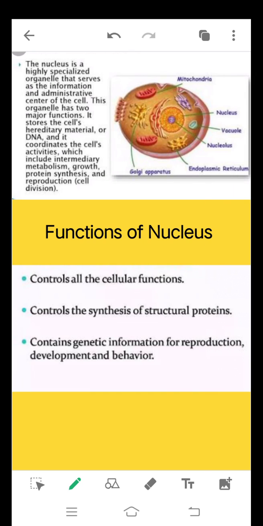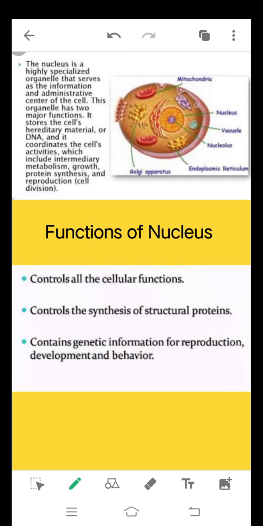So the nucleus is a highly specialized organelle that serves as the information and administrative center of the cell. It has two major functions. It stores the cell's hereditary material or DNA, and it coordinates the cell's activities, which include intermediary metabolism, growth, protein synthesis and reproduction. So we can conclude that the important function of the nucleus is controlling all the cellular functions.